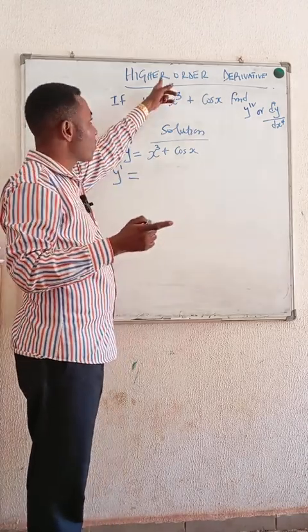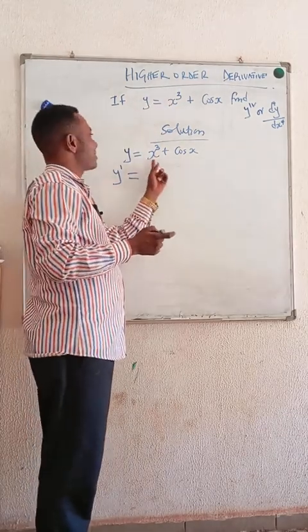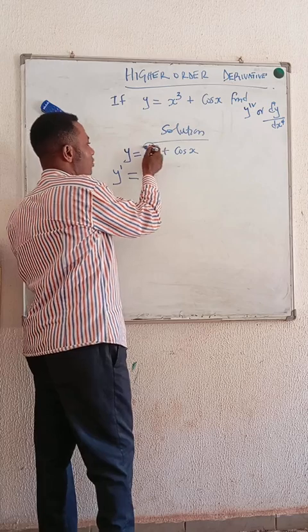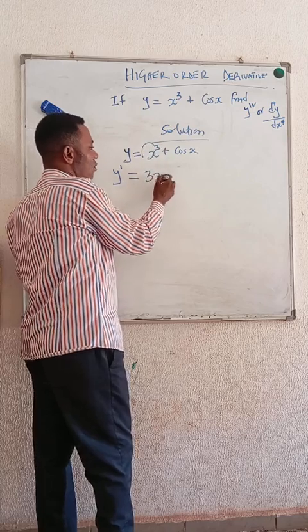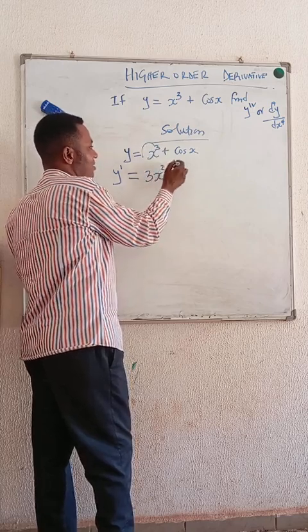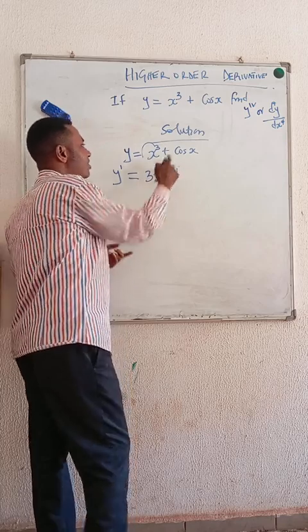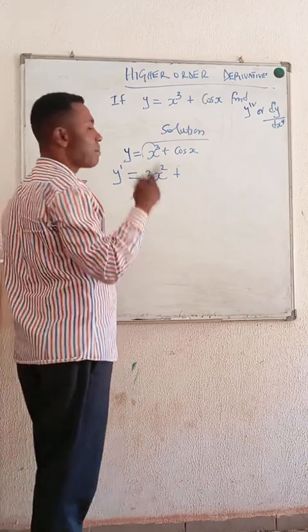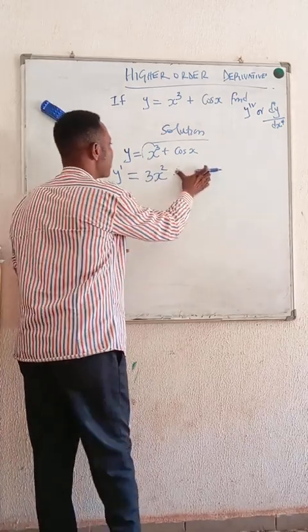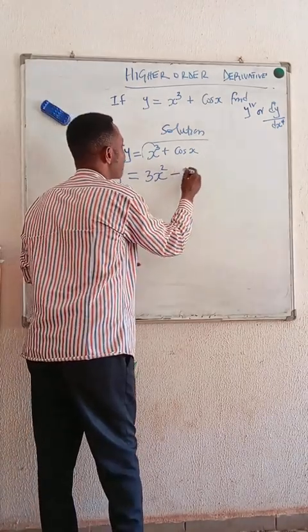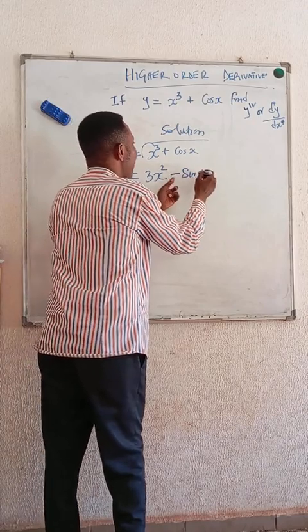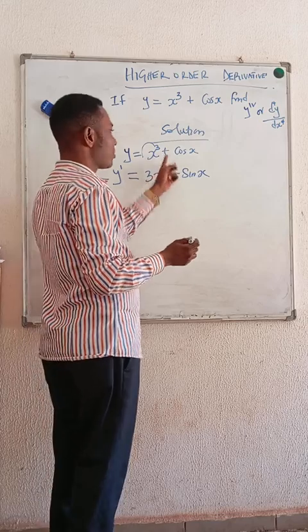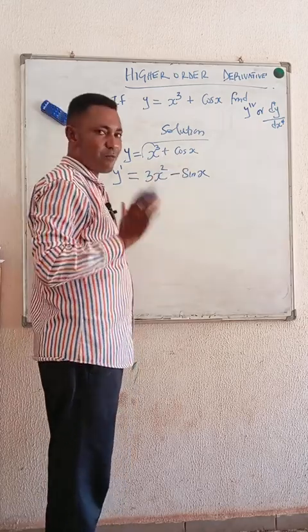Differentiating x power 3, 3 comes to the back, and you take 1 from the power. Then differentiating cos x, you have minus sin x. Here it's supposed to be plus, but when you differentiate cos x, you have minus.